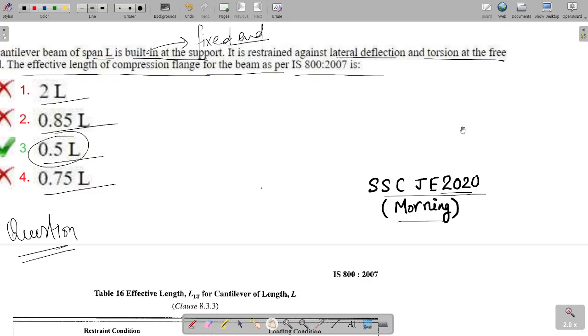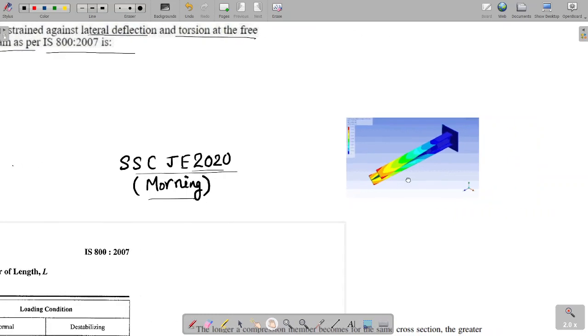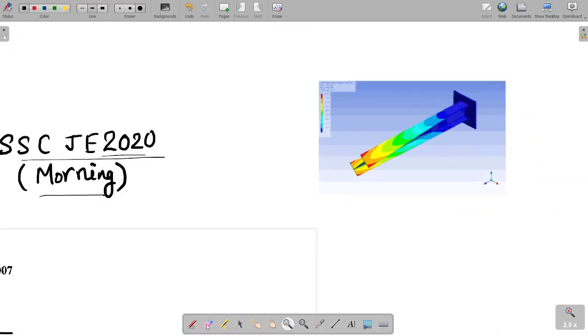So let's first see how a cantilever beam looks with lateral deflection or torsion. The cantilever is drawn in the diagram, and torsional buckling is happening in it. The beam is facing torsion about its longitudinal axis. There is a longitudinal axis of the beam here, which won't be visible; I've just drawn it to make you visualize. So about the longitudinal axis it is undergoing torsional buckling.